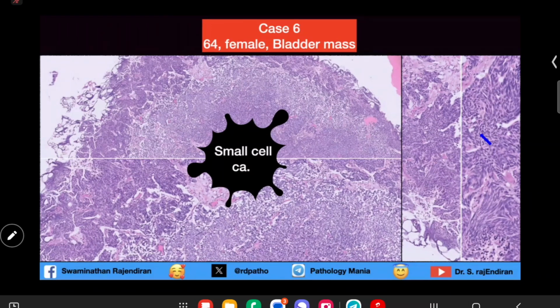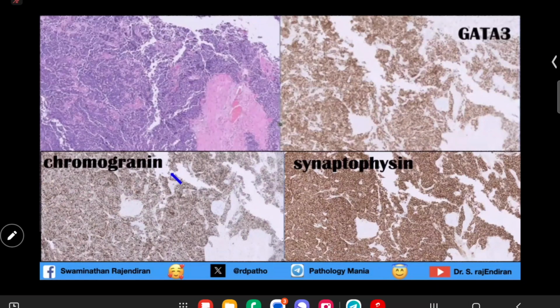That's why in the presentation I did for the WHO 2022 classification scheme, I never talked about neuroendocrine, mesenchymal, hematolymphoid, melanocytic lesions. So this is a small cell carcinoma, and they will be positive for synaptophysin and chromogranin.